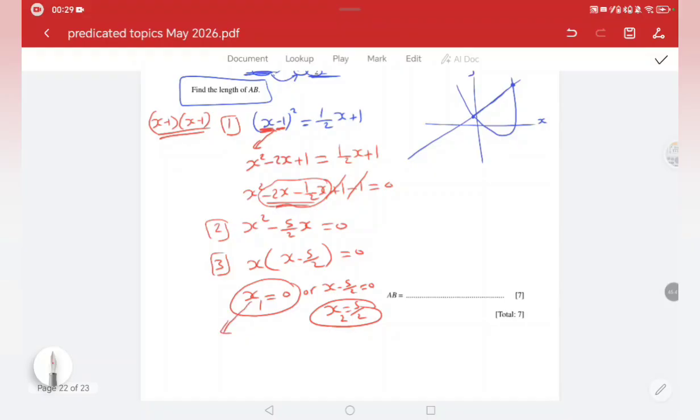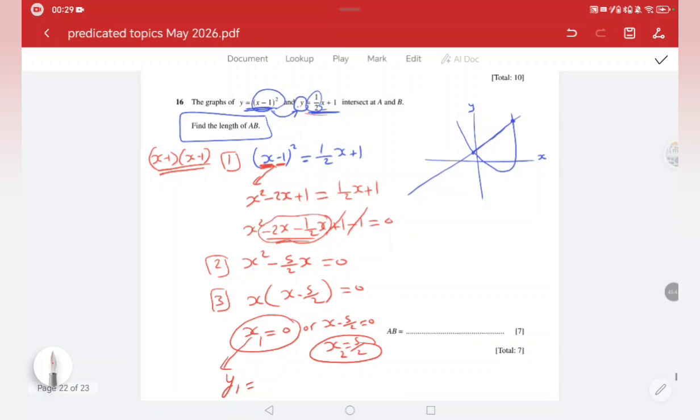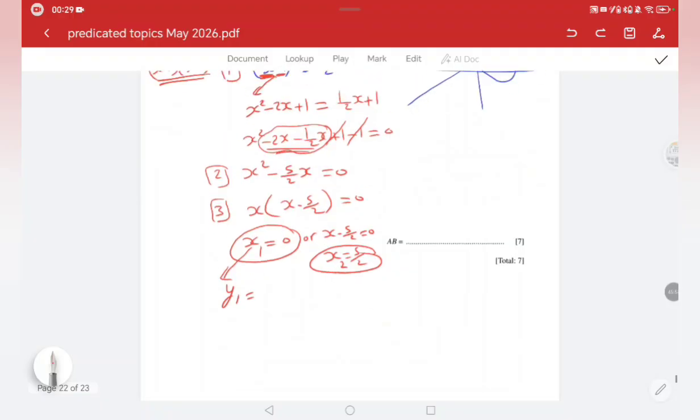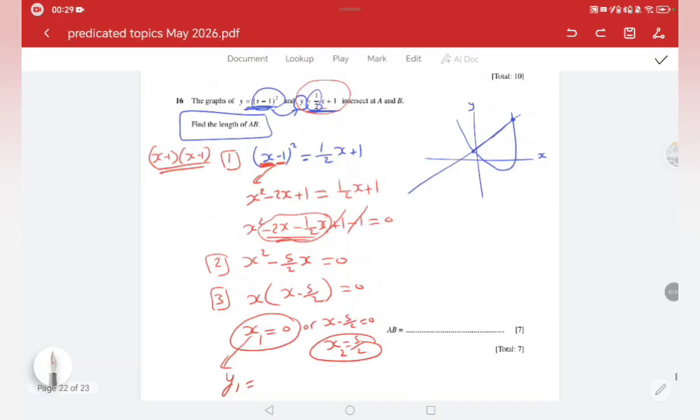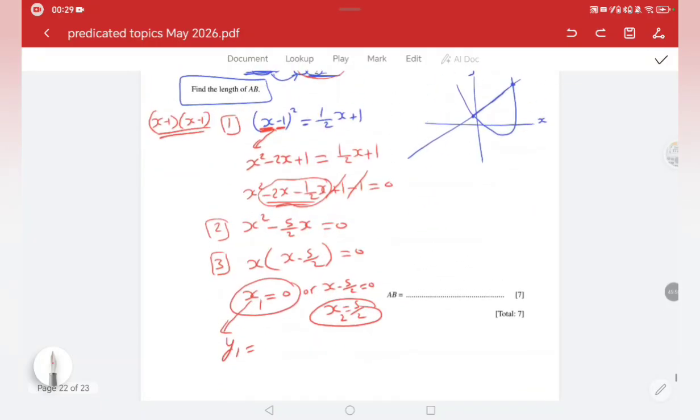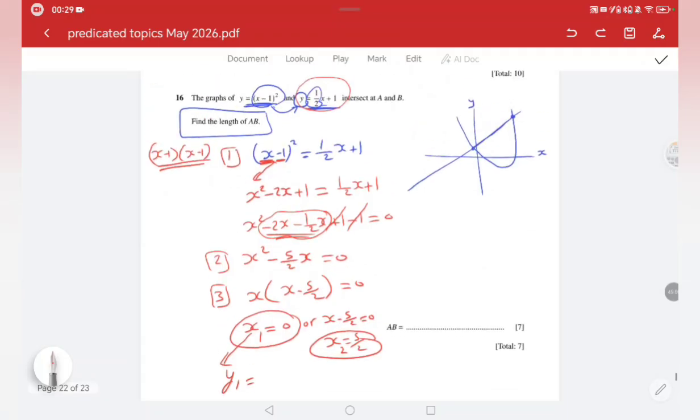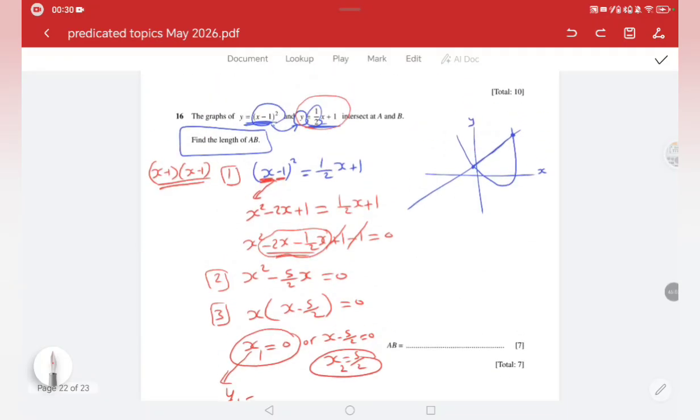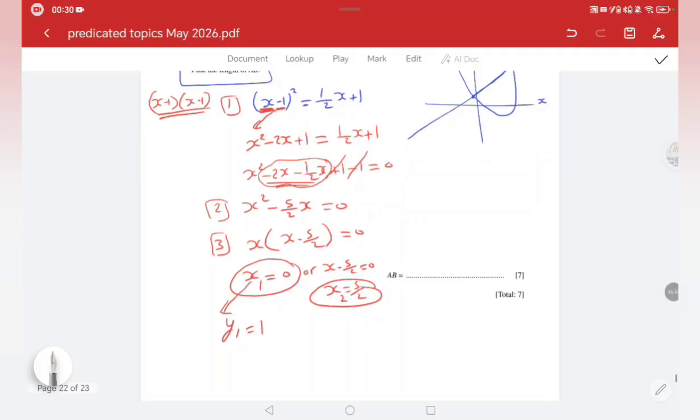If you have x1, you need to find y1. You may substitute in this equation or that one, as you like. For the easy one, substitute in the easy one. Let's substitute in the straight line with x equals 0, so y equals 1. The first point is 0, 1. This is x1, this is y1.